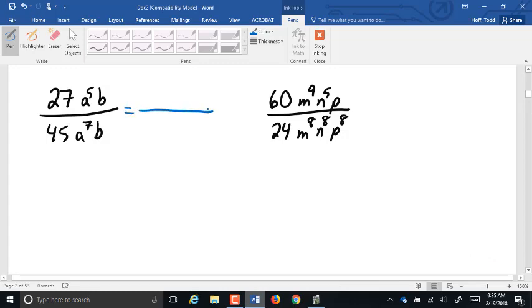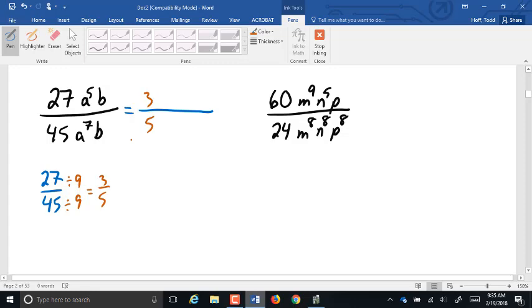Okay, so for this first one here, 27 over 45. I do generally write them off to the side just with the numbers, just to make it easier for me to reduce. Both of those can be divided by 9. That gives us 3 over 5. So we got 3 on top, 5 on bottom.